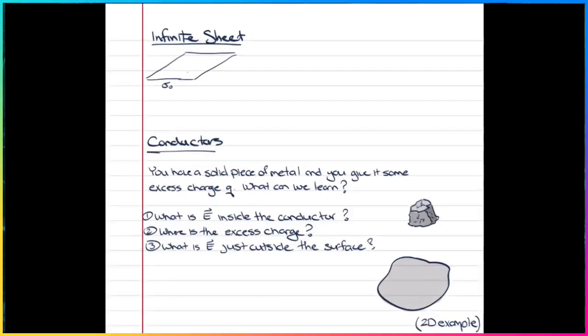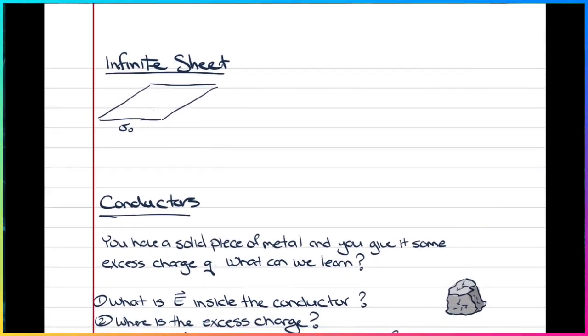One more, and then we go to the concepts, which I think are more interesting. The infinite sheet. We essentially needed 2 lectures to get to the infinite sheet, because we had to do the loop, and then from the loop we went to the disk, and then from the disk we went to the sheet. We didn't even do the disk, really. I skipped over that derivation.